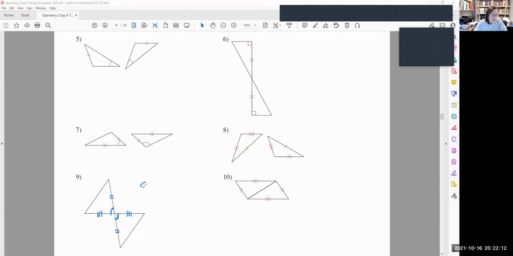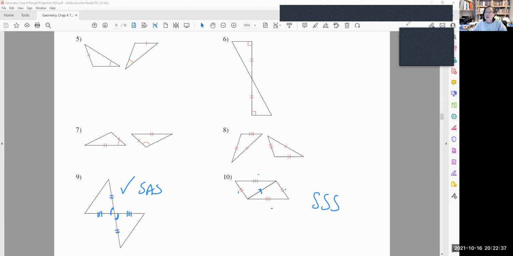Okay, so by side, angle, side, yes, number 9 works. And then finally, number 10, hopefully you can see, again, shared sides are always congruent. Once I mark that, I've got side, side, side. So this one works by side, side, side.